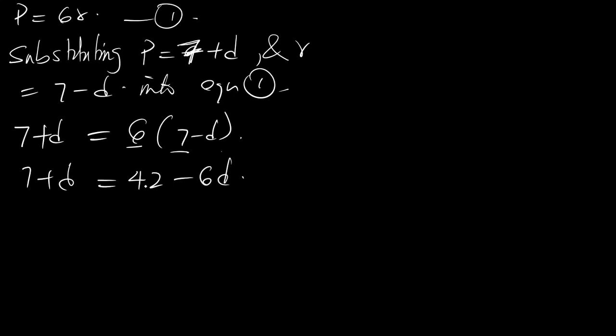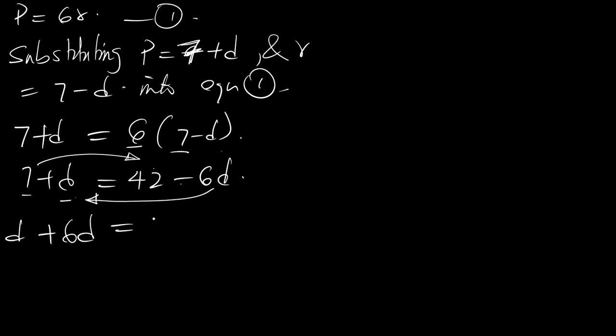So let's bring the like terms together. We move this minus 6D to the other side and move plus 7 to the other side. On this side you have moved 7, so you have D. Moving minus 6D to the left hand side, you have plus 6D, but the sign will change to plus.